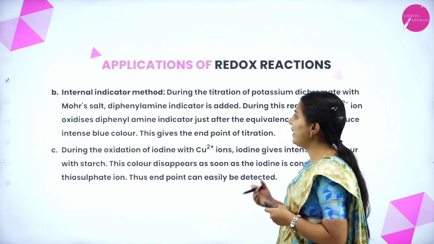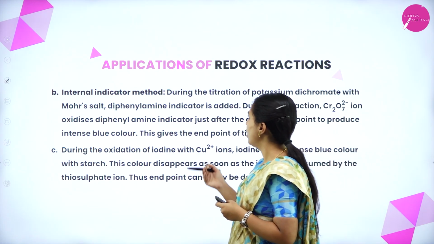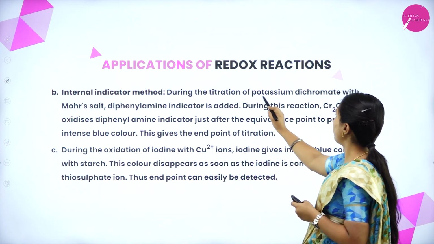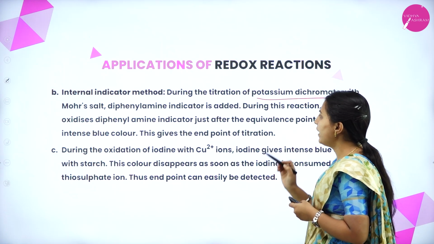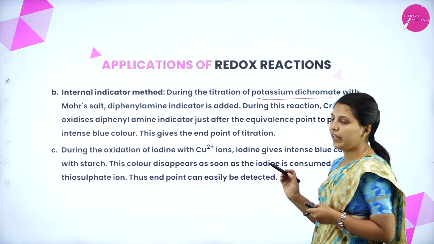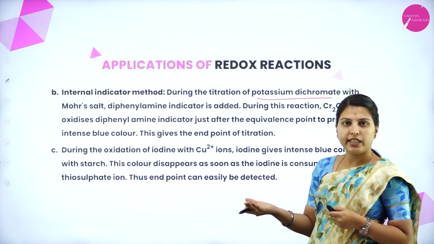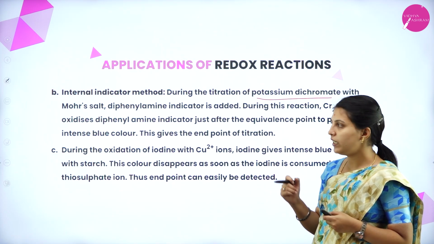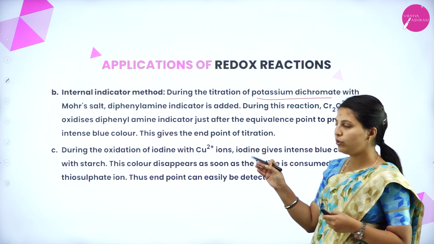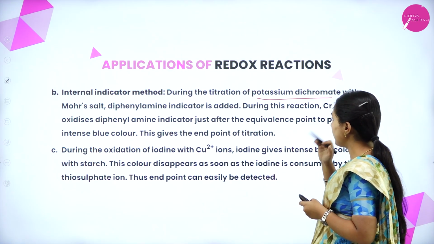Another one, the internal indicator method. During the titration of potassium dichromate with Mohr's salt, diphenylamine indicator is added. In the self-indicator case, there is no need of using an indicator. In the internal indicator method, you have to use some indicator as an internal indicator.